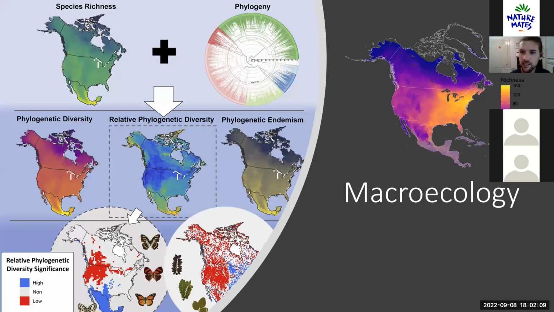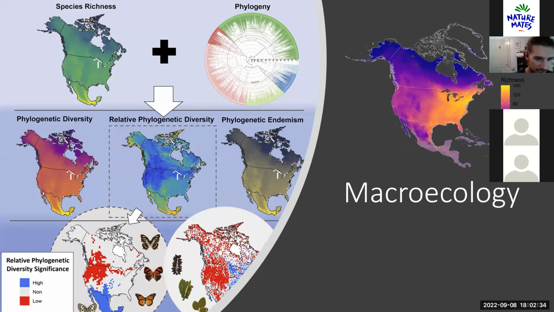Macroecology is the study of the mechanisms underlying general patterns of ecology across large spatial scales. I have worked in a macroecology lens, looking at species richness and endemism patterns, as well as phylogenetic richness and endemism patterns of insects at the largest scales possible.